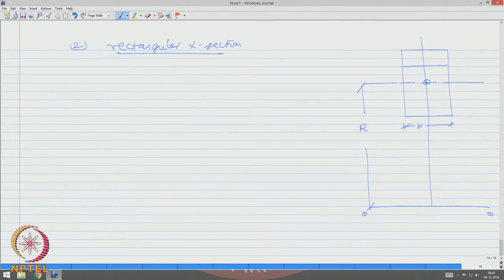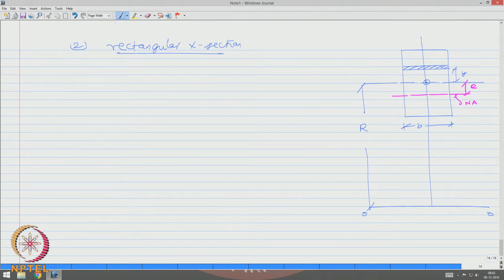We take a strip which is at a distance y from the centroidal axis. The neutral axis of course is located at a distance E. This is my neutral axis.